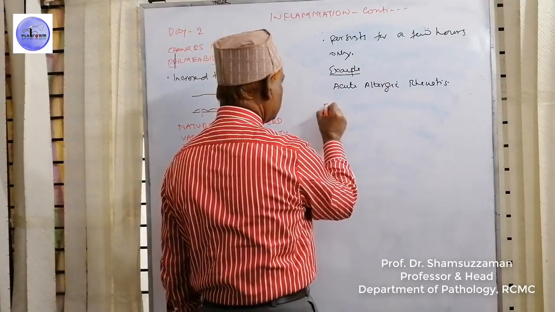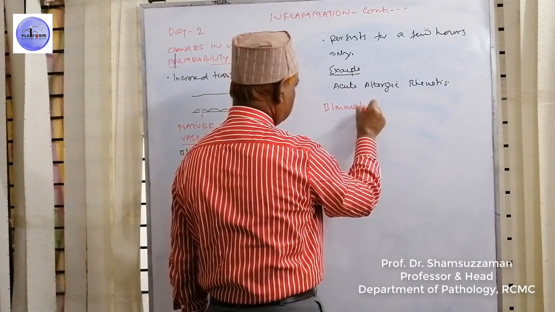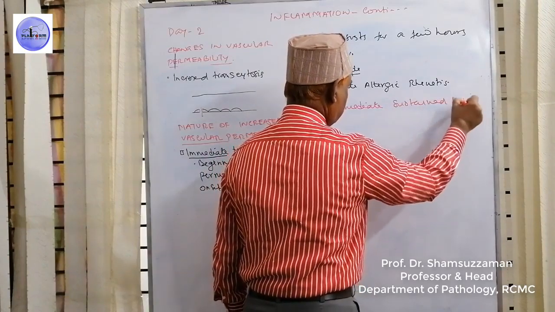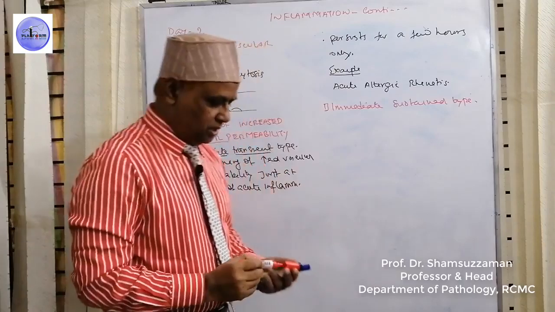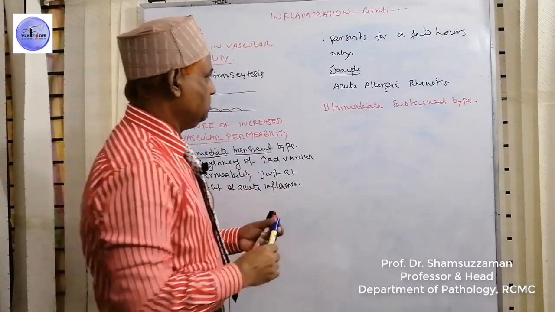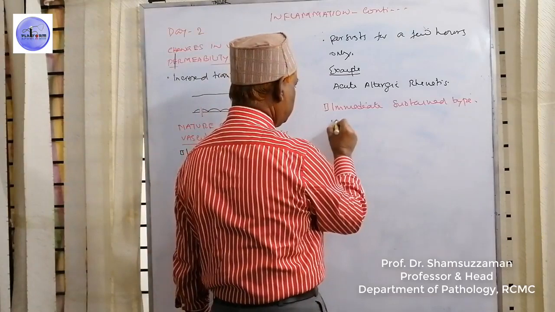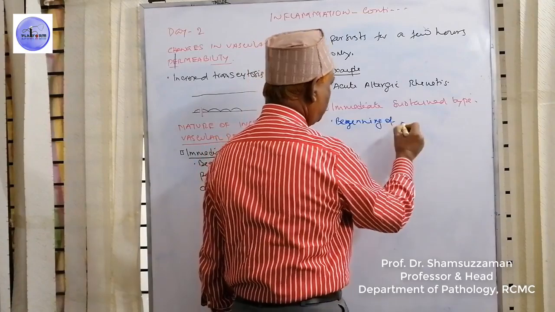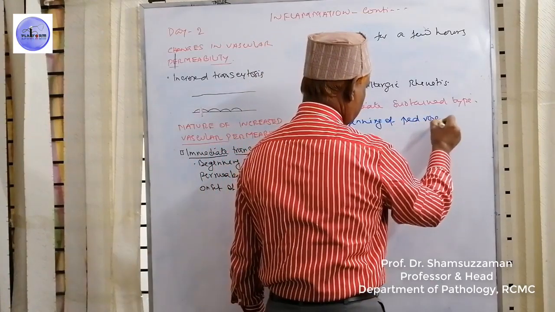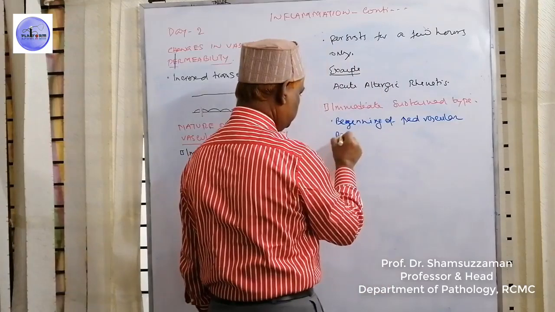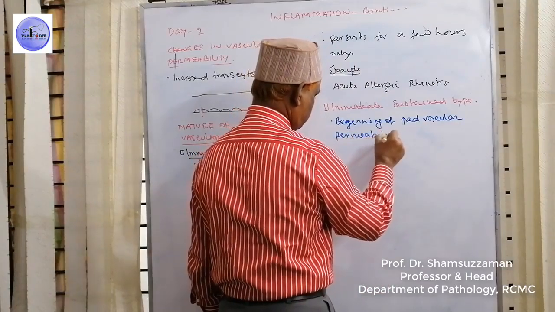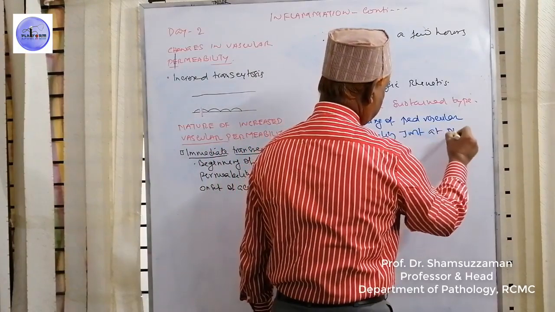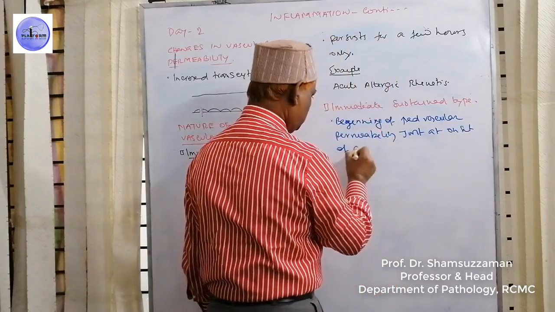Number two, immediate sustained type of increased vascular permeability. What does it mean? It means beginning of increased vascular permeability just at the onset of acute inflammation.